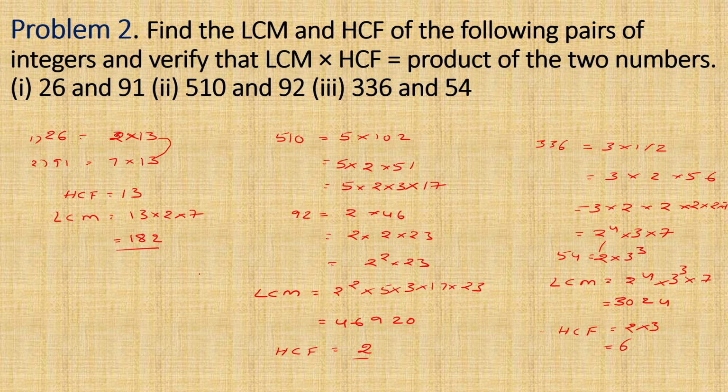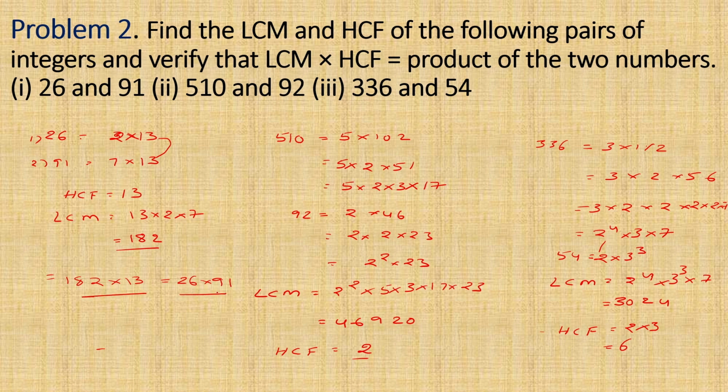So here we got HCF and LCM. And by checking it, what we will get? HCF into LCM is 182 multiplied by 13, which is equal to 26 into 91.